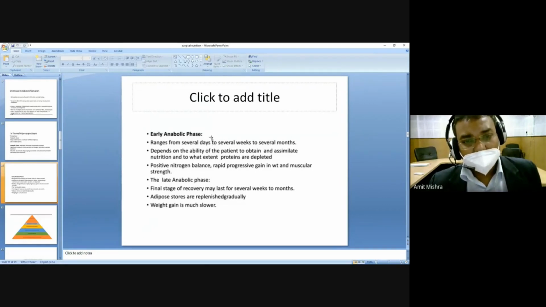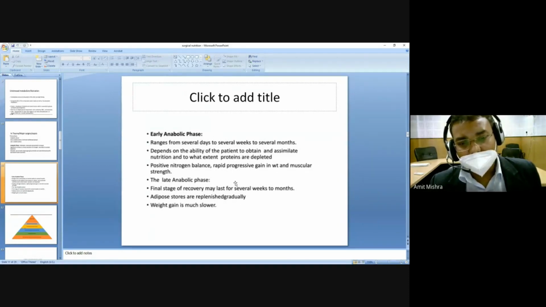Okay, so the early anabolic phase comes after the catabolic phase is over, when the patient is started on weaning, and there is a positive nitrogen balance and a rapid progressive gain in weight and muscular strength. Also, the skeletal muscle recovers because of the protein replacement, replacing the loss which occurred in the catabolic phase.